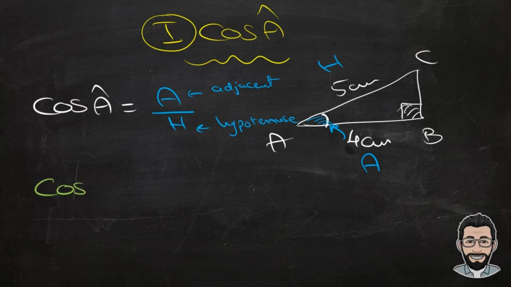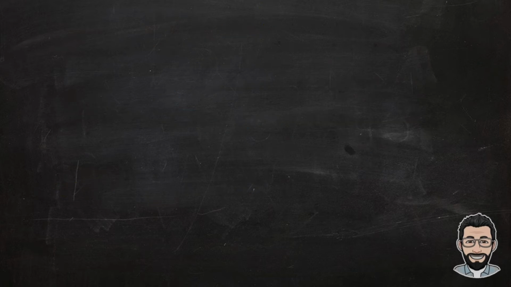So cosine of A equals 4 over 5. Or if you want to write it as a decimal, it's going to be 0.8.